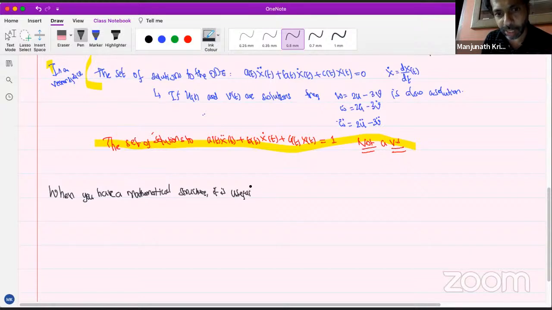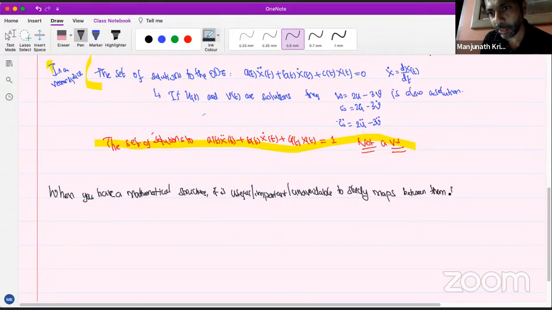In fact, you can say it's important, or you can say it is unavoidable, to study mappings between them that preserve this structure.